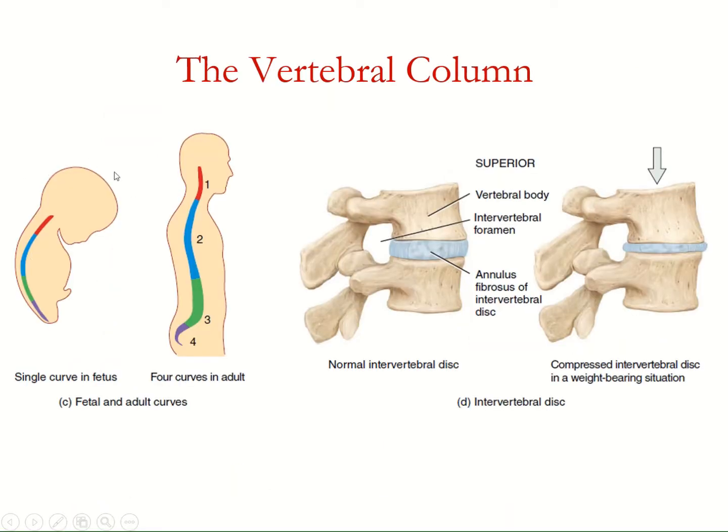Here is a vertebral column of a fetus. You'd notice here that the vertebral column is just a single curve, an anterior concavity. This is your cervical, thoracic, lumbar, and sacrococcygeal segments. So just a single curve.